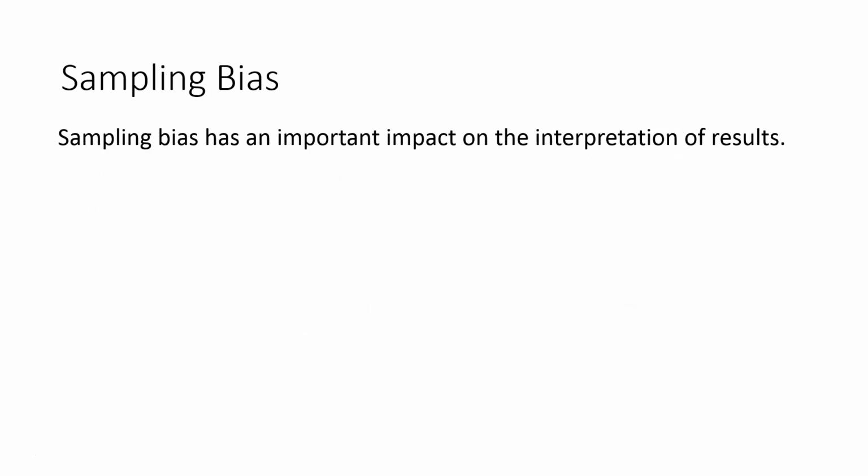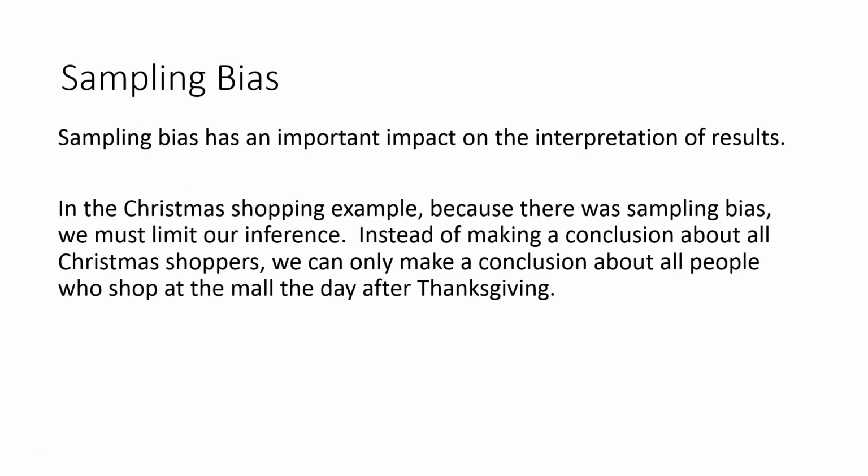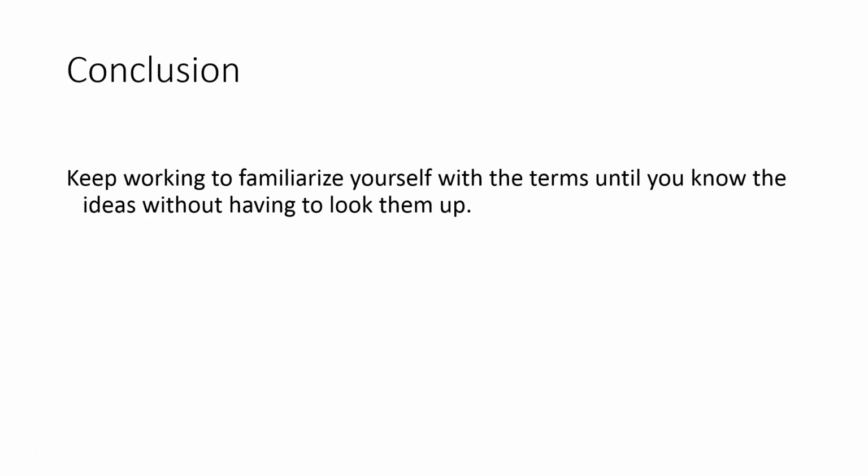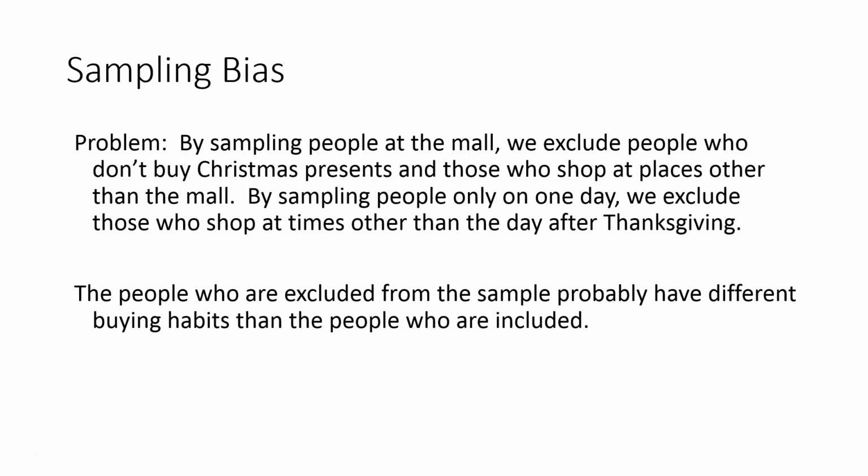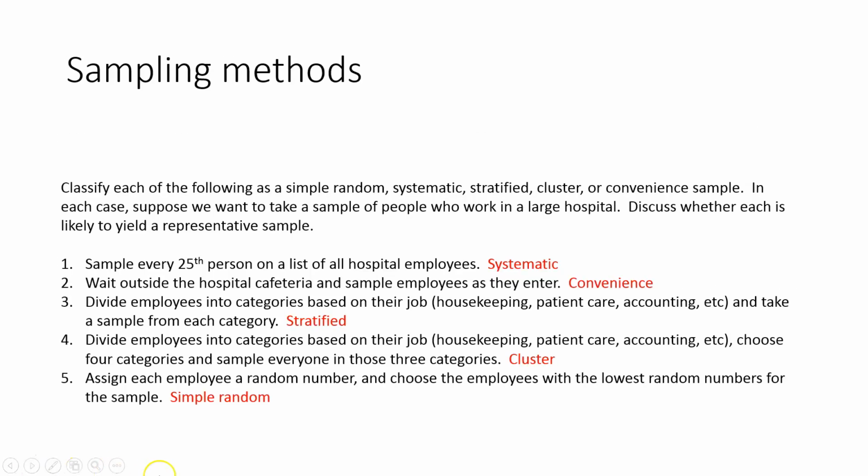So as we said, sampling bias is very important on interpretation of results. And what that means is, say we go back to this convenience sample here.